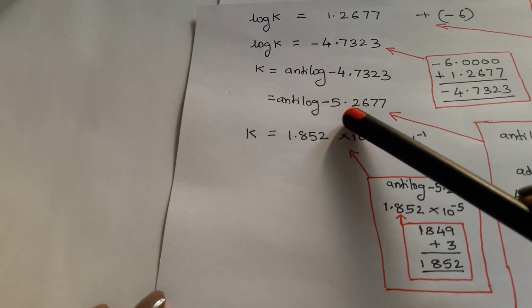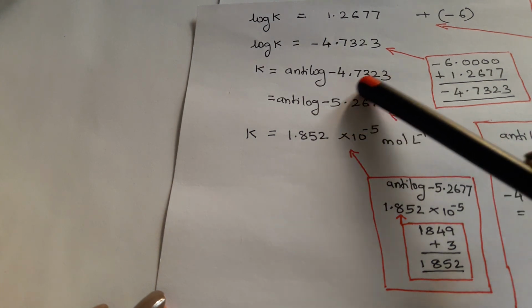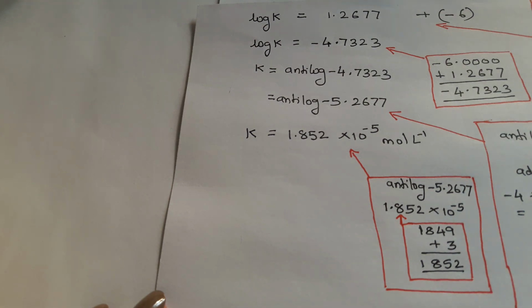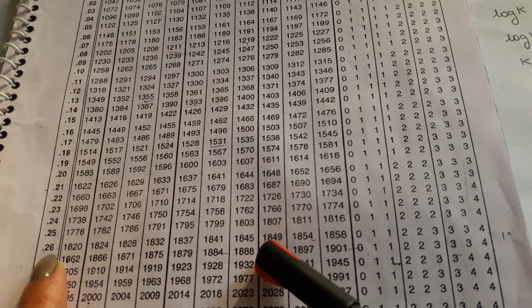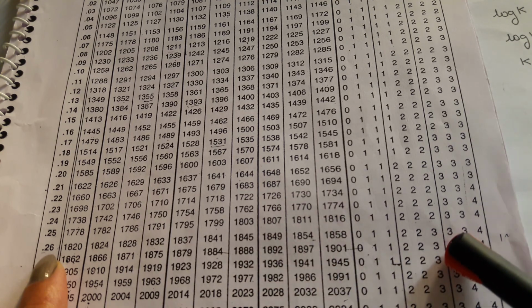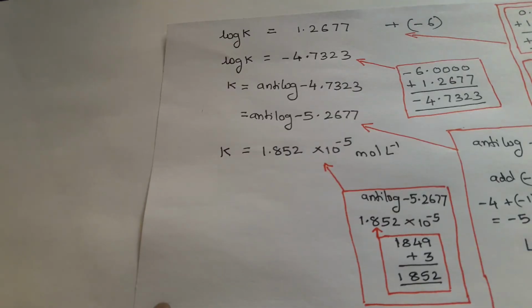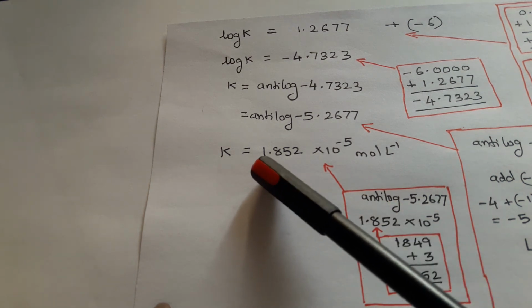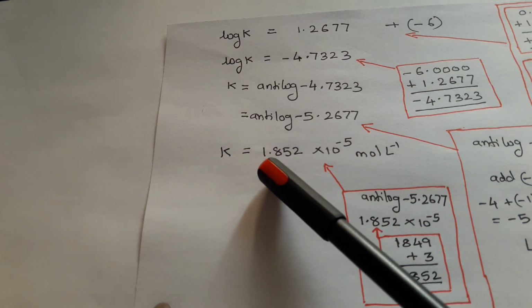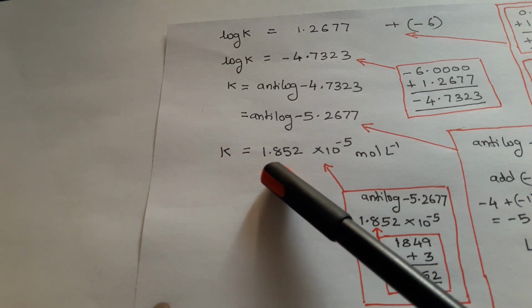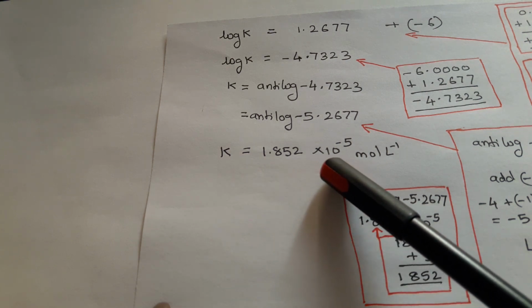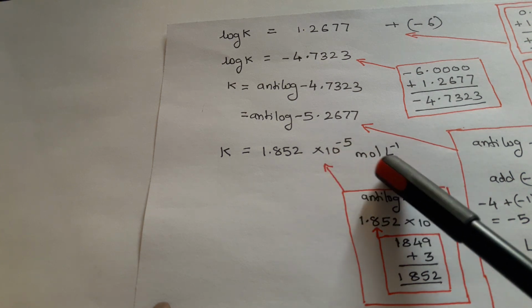And for 0.2677, we find the value using the antilog table. 0.26 under 7 is 1849, and the mean difference 7, the value is 3. After adding, we get 1852, and after one digit we place the decimal in the answer. So the value of K is equal to 1.852 into 10 raised to minus 5 mole per liter.